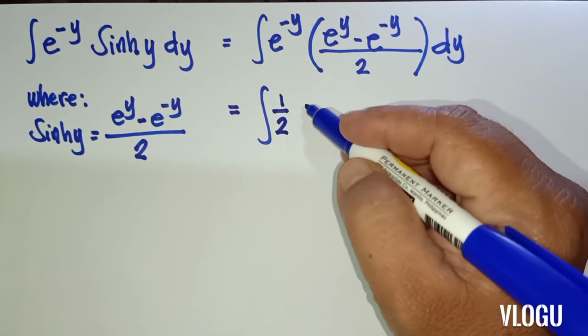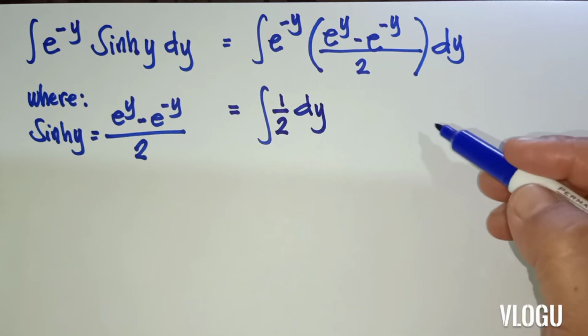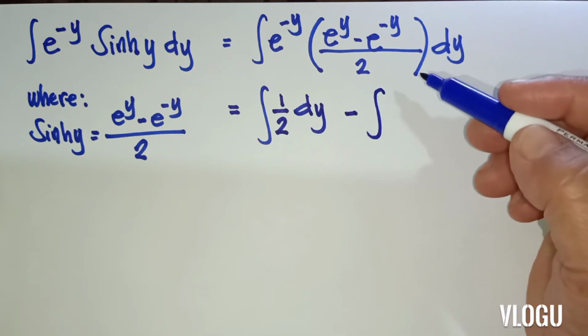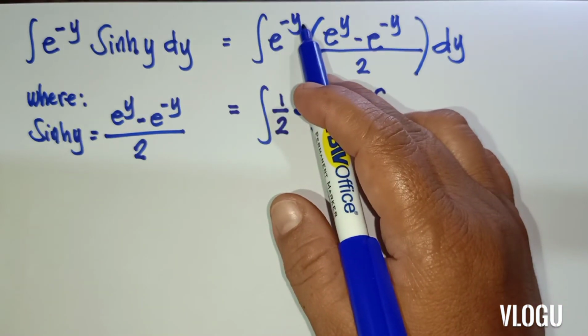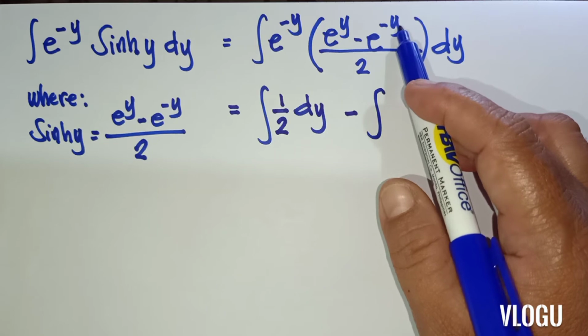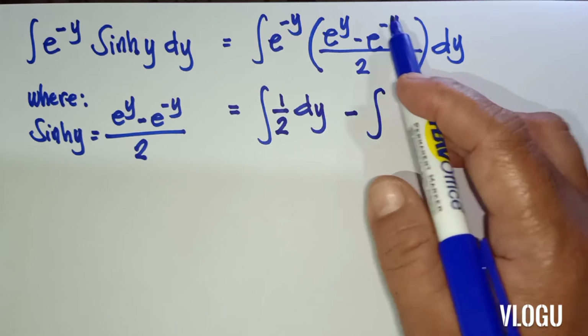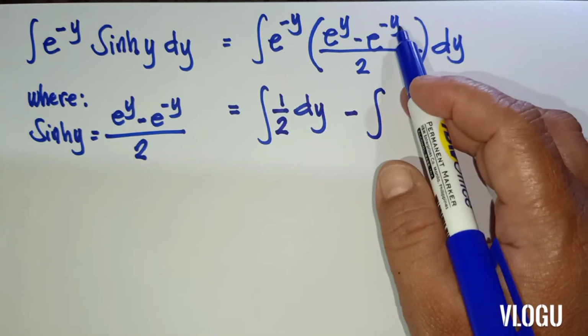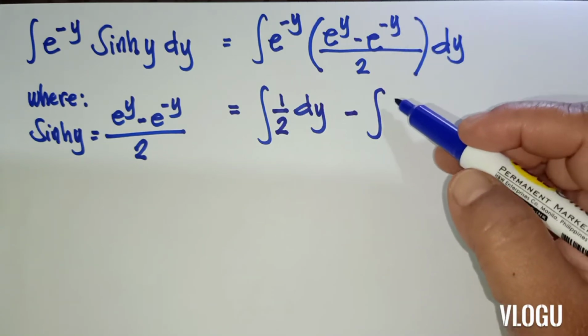1/2 dy minus the integral of e^(-y) times e^(-y). We are going to add the exponents. So negative y plus negative y is e^(-2y).